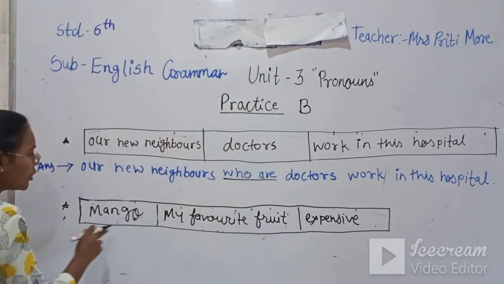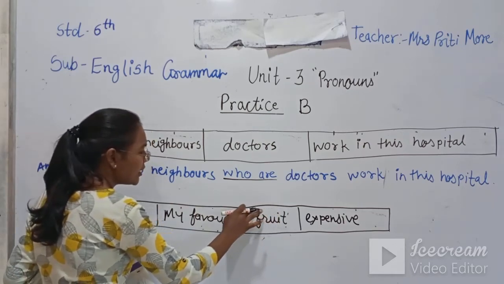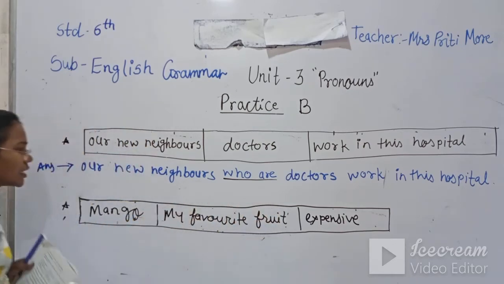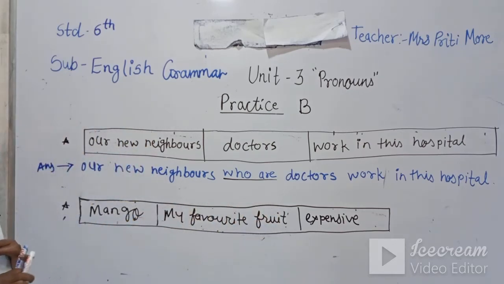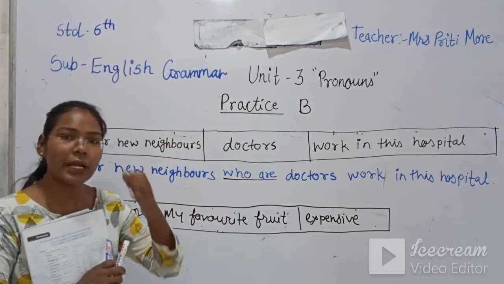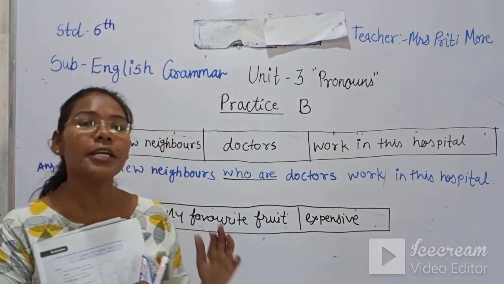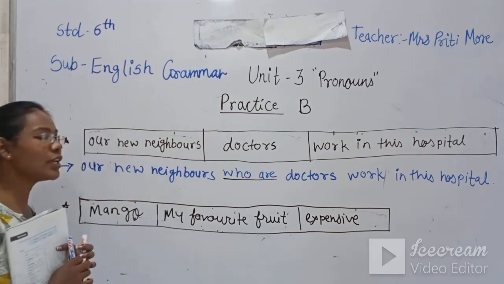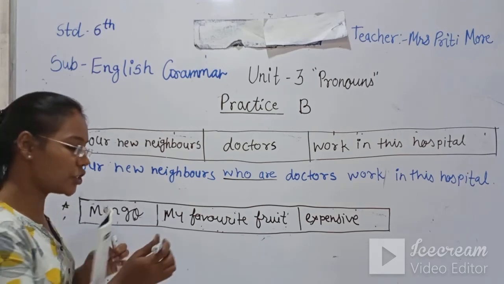Now see, mango, my favorite fruit and expensive. Now again we have to use the appropriate relative pronoun. First, what is our subject? Our subject is mango and mango is a non-human being. So for mango we can use that or which.